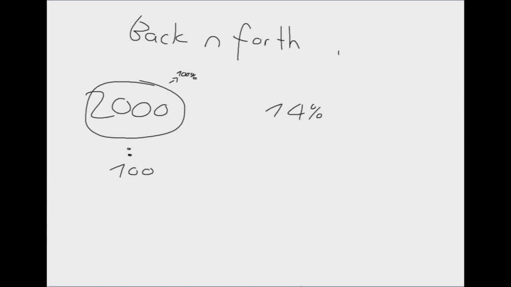So by dividing 2000 by 100, you get 20, and 20 is 1% of 2000. Now we want 14%. So we multiply 1% by 14, and we do the same with our 20 here. So we go 20 times 14, and this should be 208.